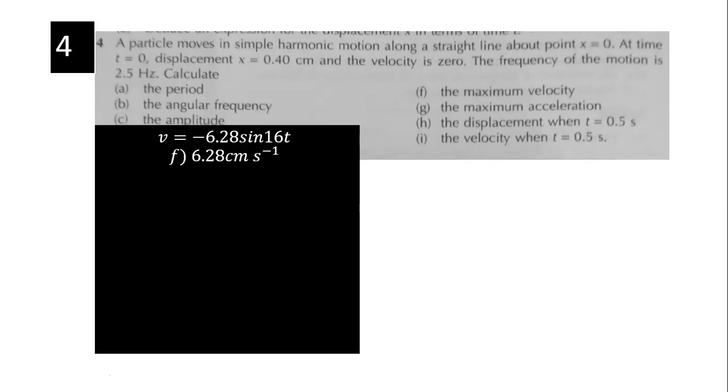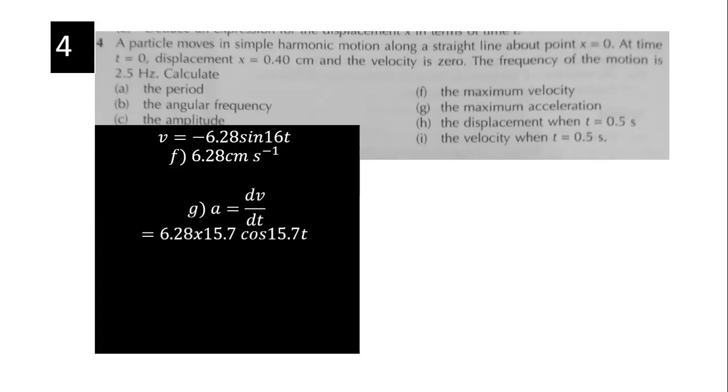Differentiate again. What is the answer? So dv/dt equals 16 times negative 6.28 cos 16t. Maximum acceleration has a value, not an equation.